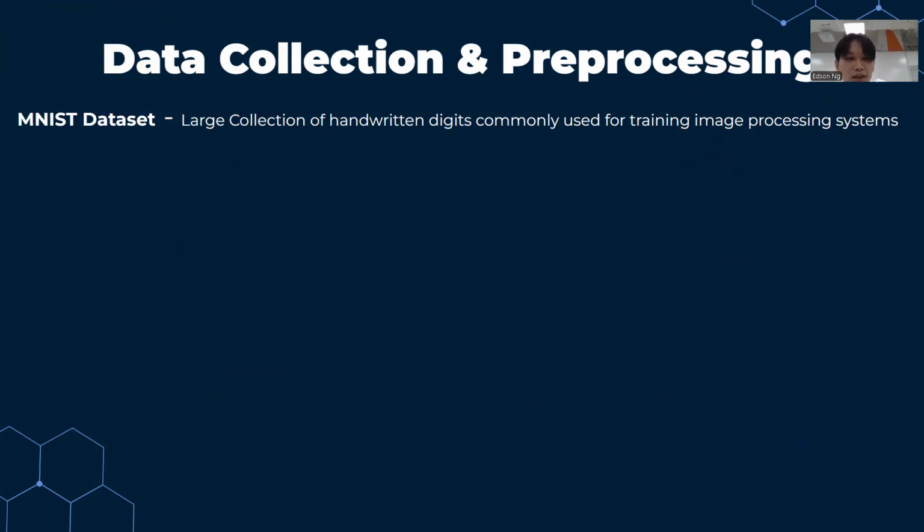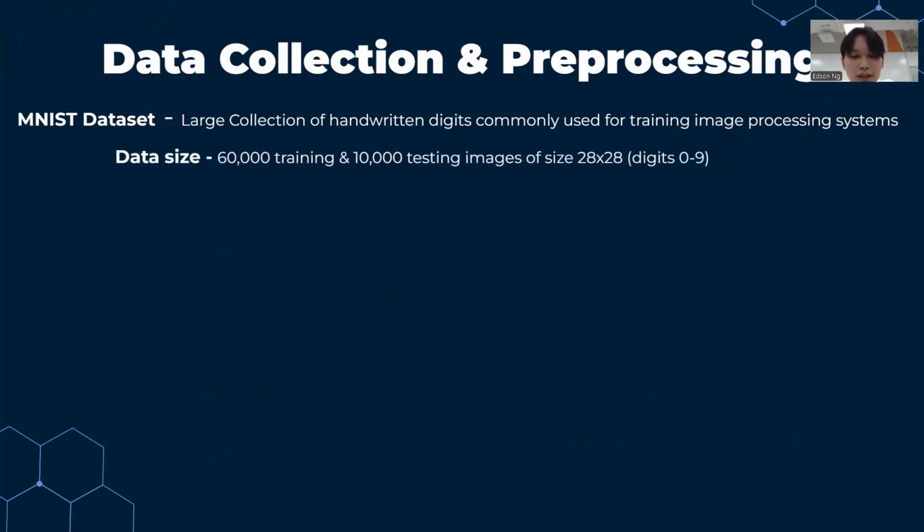Okay, thank you. I'm Edson, and I'll be sharing about our data collection and pre-processing process. We'll be using the NIST dataset, which is a well-known collection of handwritten digits commonly used for training image processing systems. This dataset consists of 60,000 training and 10,000 testing images, all of which are grayscale and measured 28 by 28 pixels.